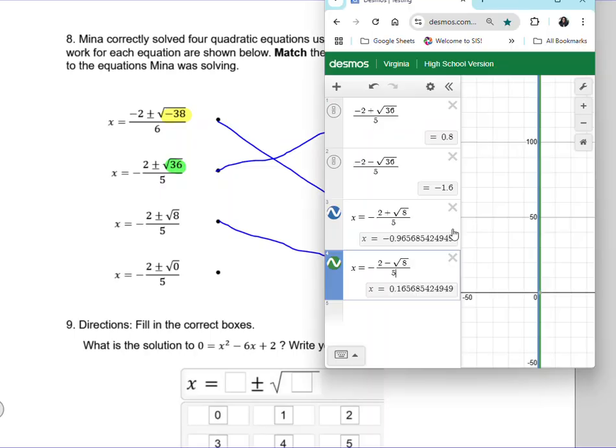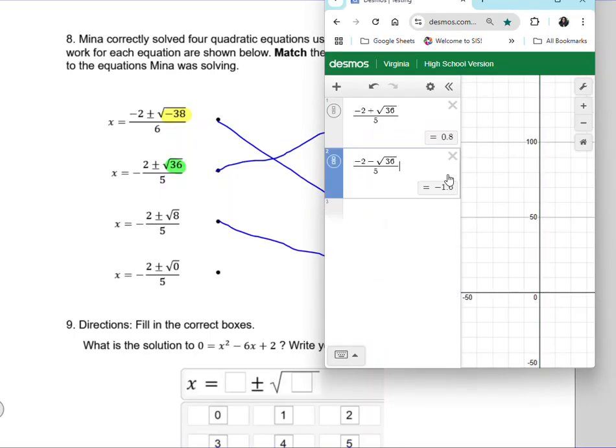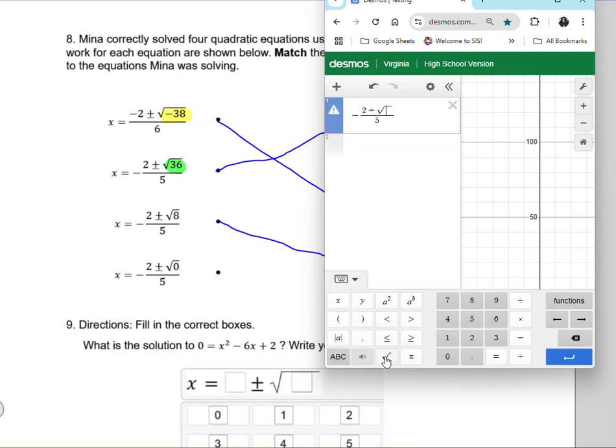Okay? All right, last one. You have -2 plus square root of 0, which is just 0, over 5, which is -4 over 5. And then when I put the minus, the plus or minus, square root of 0 over 5, you get the same answer.